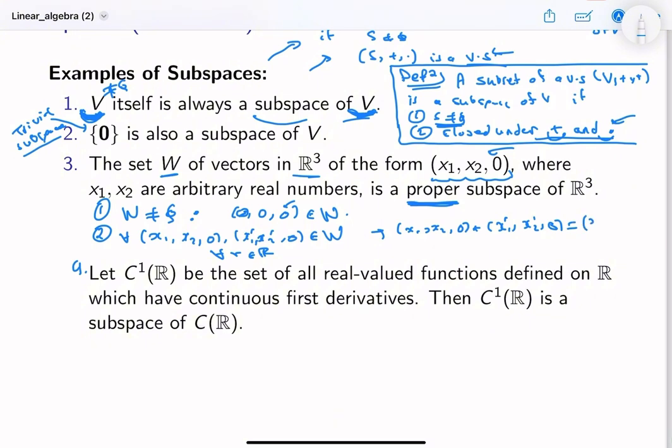Well, you get (x1 + x1', x2 + x2', 0), third component is still 0, and thus this is still in omega.